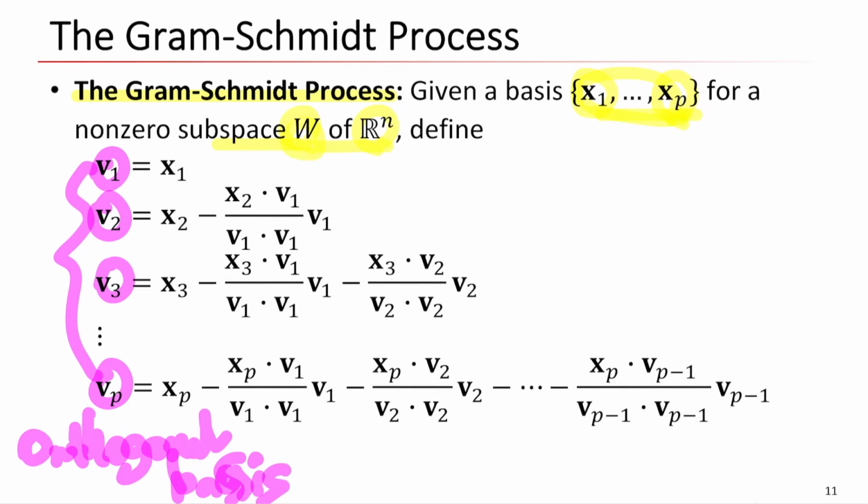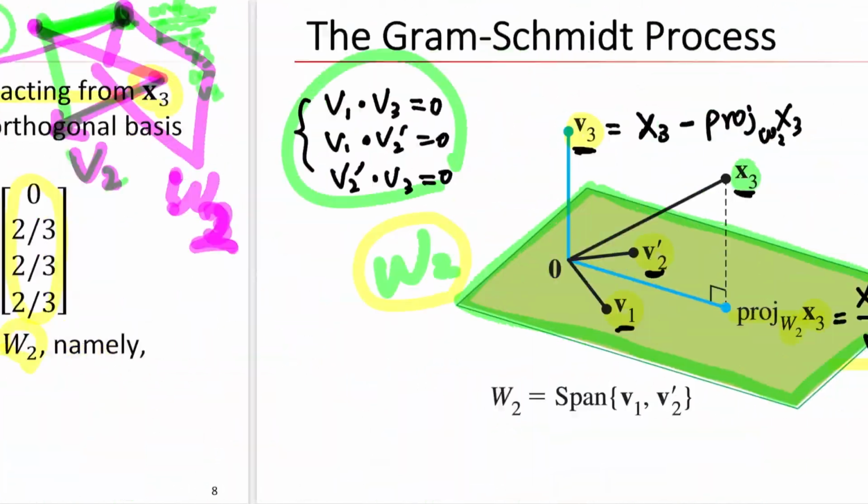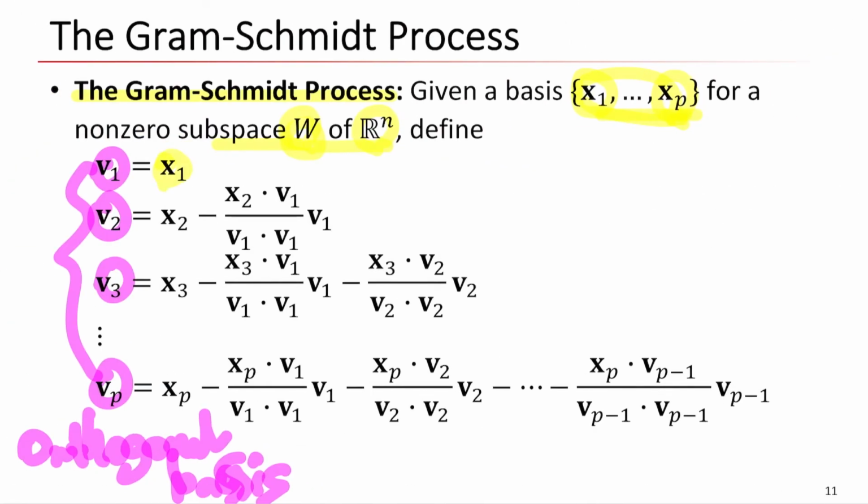First of all, similar to the previous examples, let's start with v1 equal to x1, right? And then v2 will be the component of x2 orthogonal to the span of v1. So if we subtract this, right?